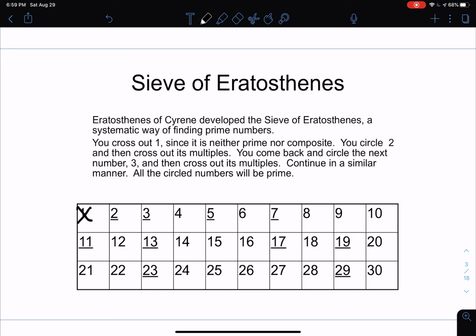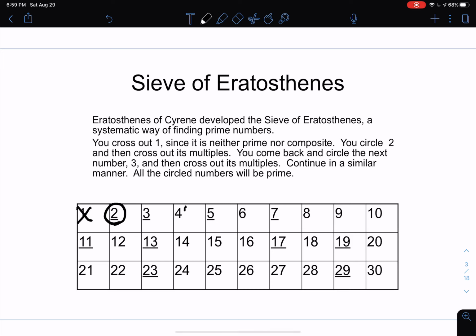And we're going to say, okay, 2 here. You'll notice I have it underlined, but I'm going to go ahead and circle it. 2 is prime. It only has factors 1 times 2. But as soon as you get to 4, its multiples, like 4, 6, 8, 10, 12, 14, those are all going to have factors including 2. 4 has 2 times 2, 6 has 2 times 3, 8 has 2 times 4, 10 has 2 times 5, and so on.